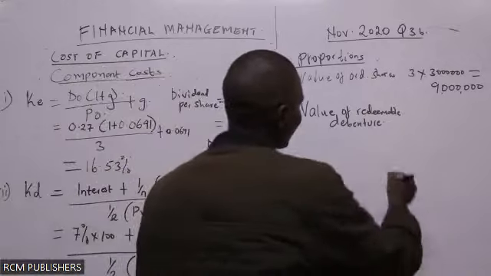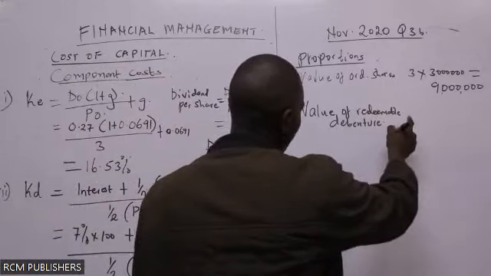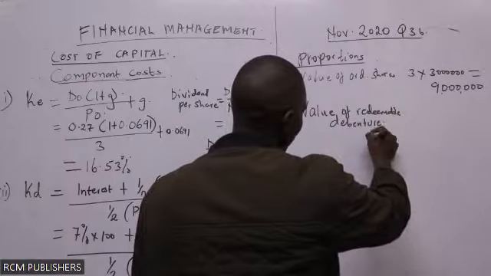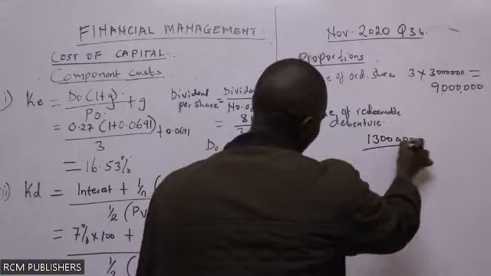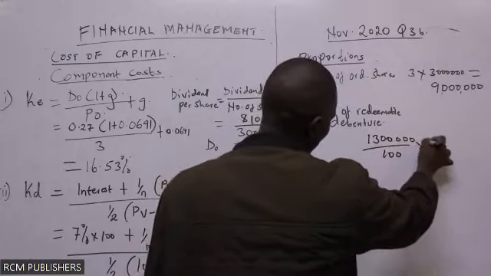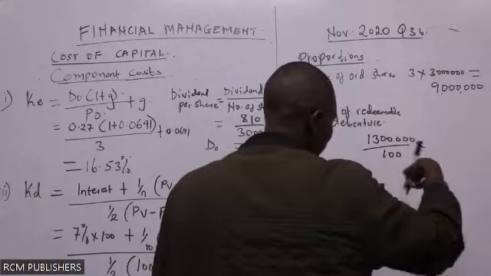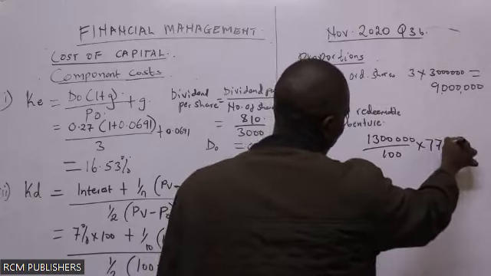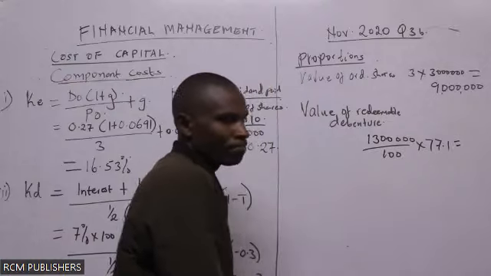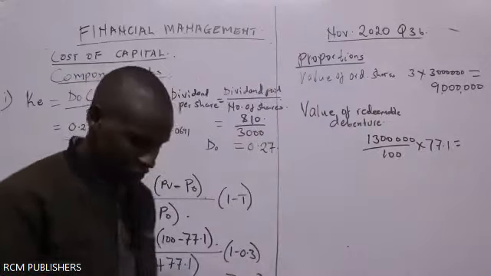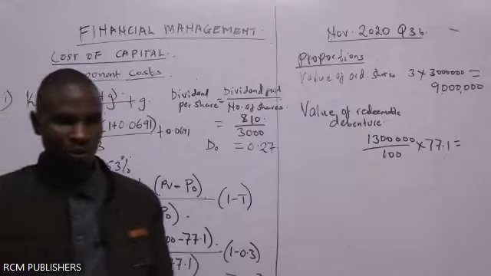Therefore, whatever we had, I divide by the par value and multiply by the current market price of 77.1. What am I going to get?